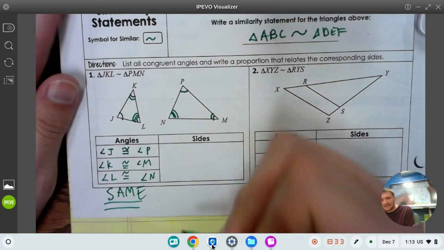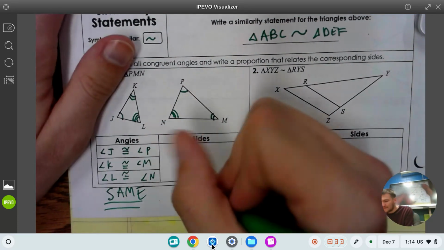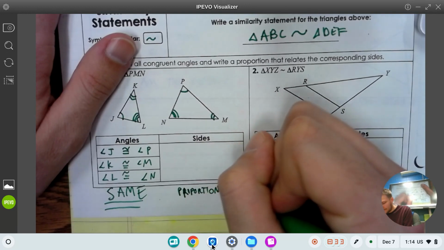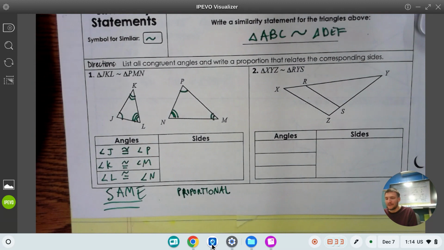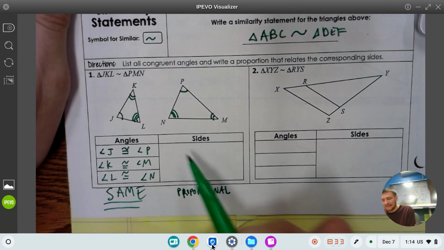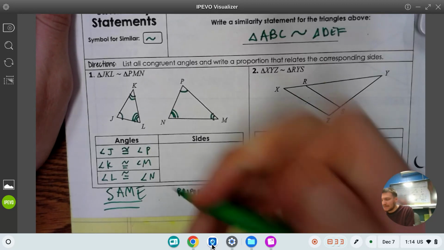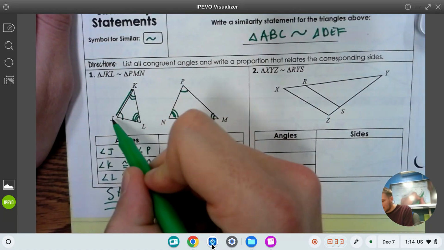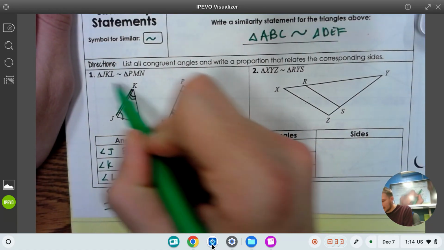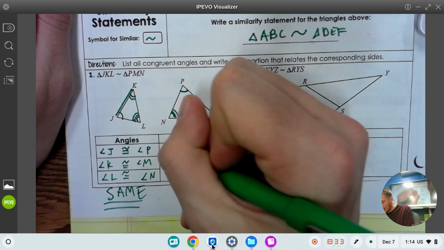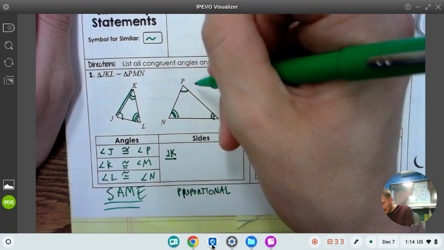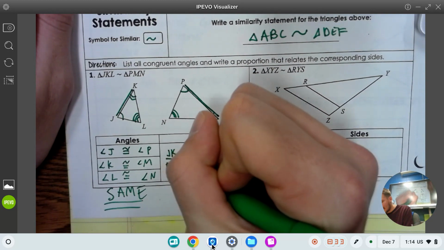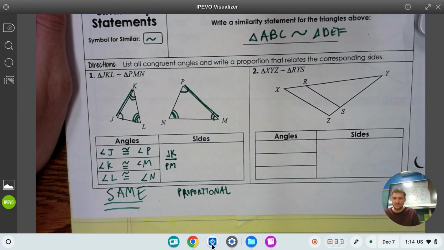Now, the sides, are the sides going to be identically the same? No. These are going to be proportional. All right? That means these are going to set up into that fraction kind of thing. Now, this is a little bit strange looking, this side setup. But basically, we're going to say that this first side, which goes from J to K, side JK, if we divide that by the first side of the other triangle, which is P to M, that's going to give us a ratio.